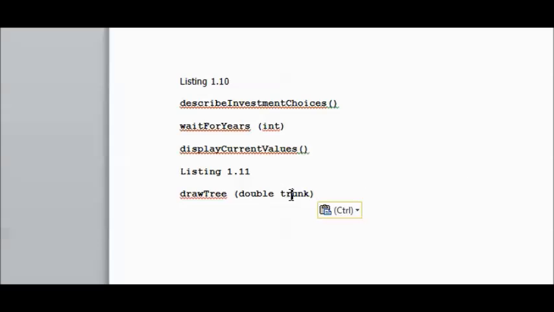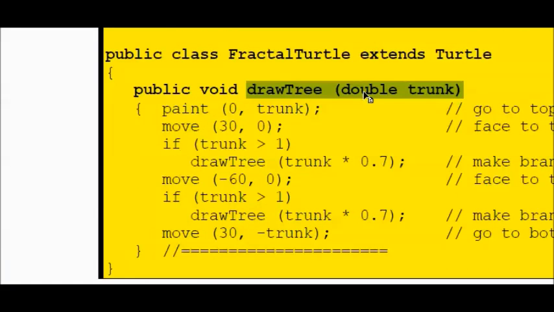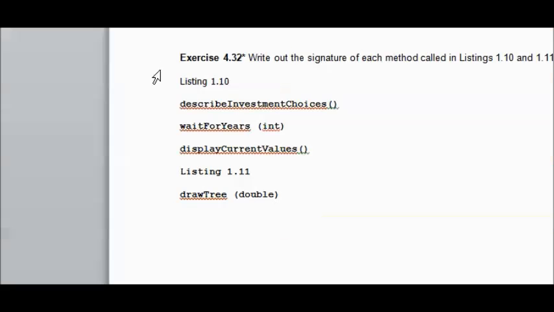Take out the word trunk. Put their signature. What's the next signature? That's it. So there's your answers for the question. So just print it out like this.